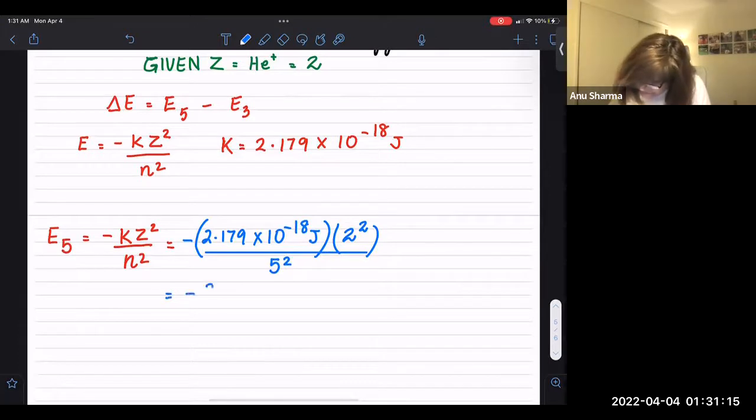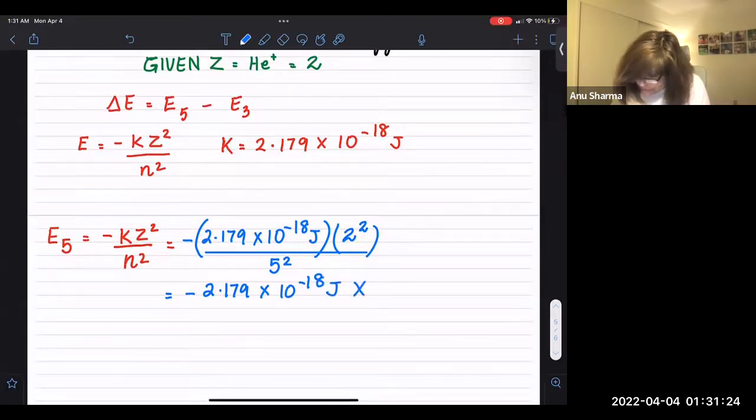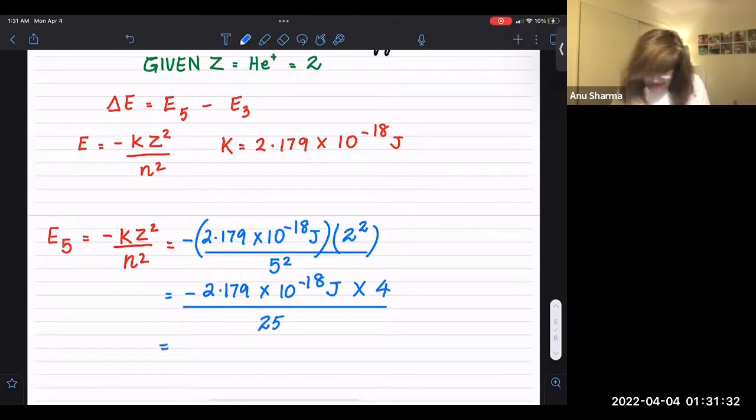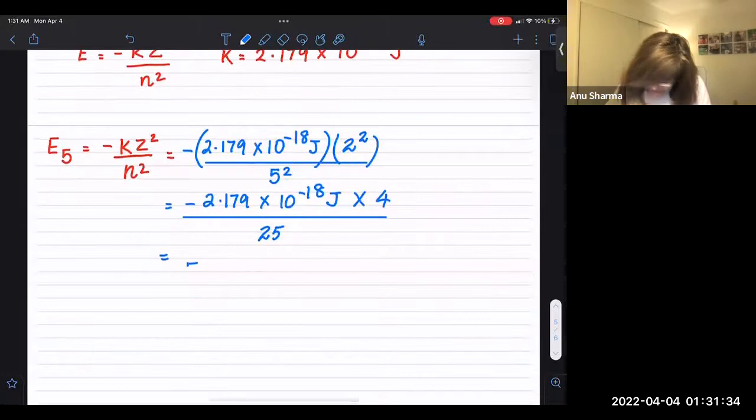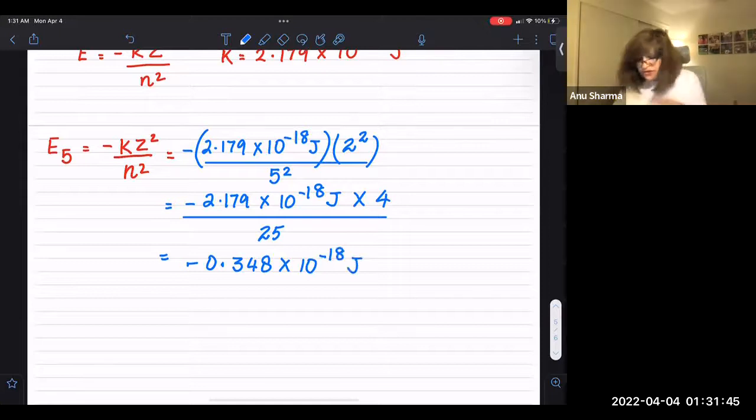So negative 2.179 times 10 to the power negative 18 joules times 4 over 25, and here we have negative 0.348 times 10 to the power negative 18 joules. Just leave it like that.